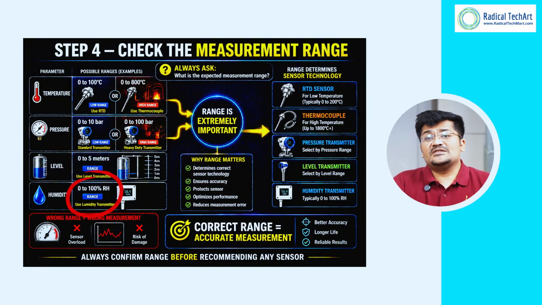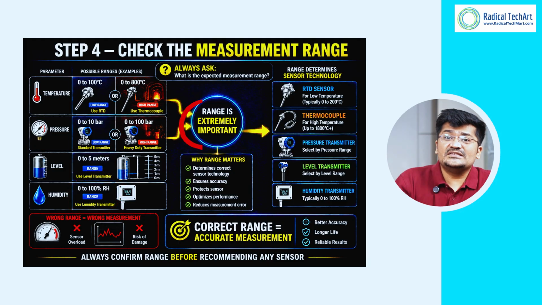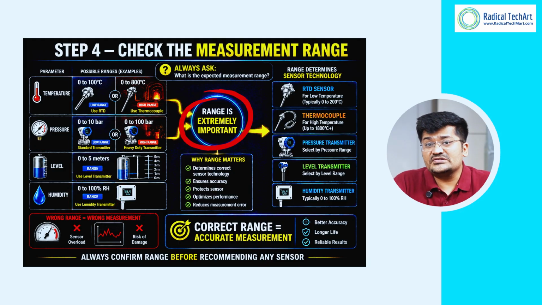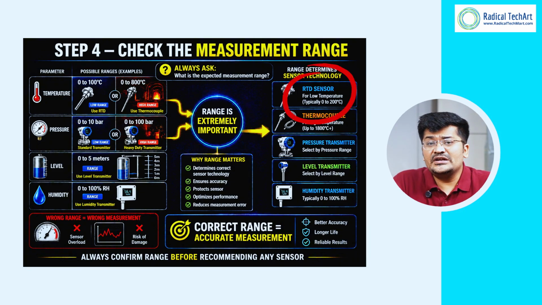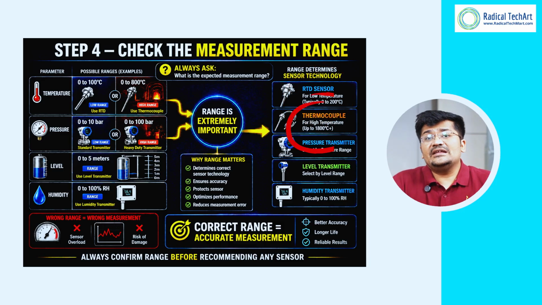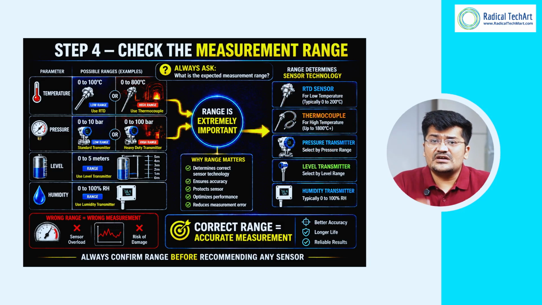Humidity measurement is typically 0 to 100% RH. And range is extremely important because it also determines the correct sensor technology. For example, low temperature measurements are usually done with RTD sensors. Very high temperature measurement often requires thermocouples. Choosing the correct range ensures accurate measurement.